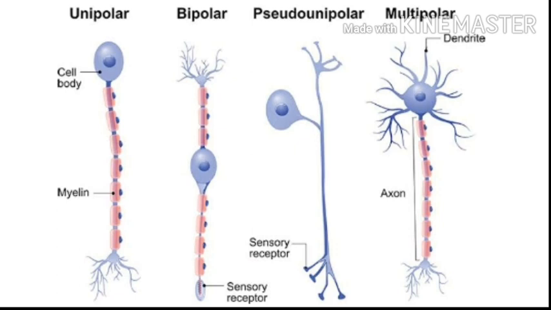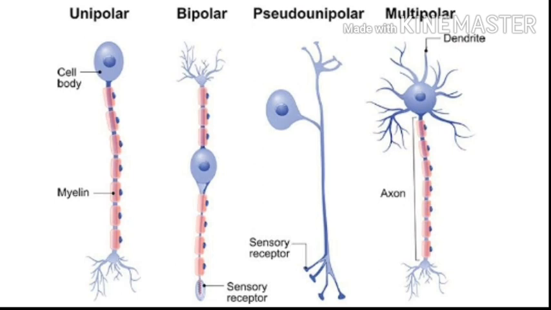Unipolar neurons are more common in insects, and the receptors of these kinds of neurons are located within the skin, joints, and muscles of internal organs. And such neurons have long terminating processes, and they are present in the spinal cord, as I said.